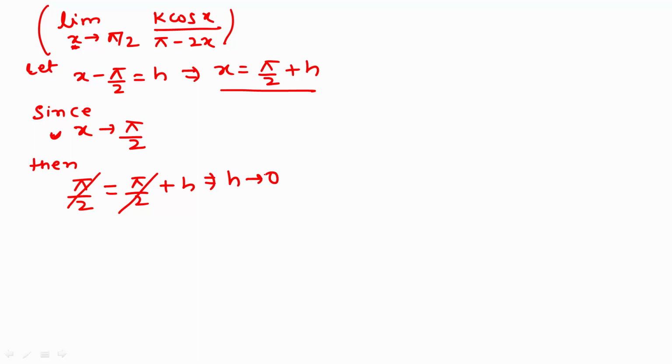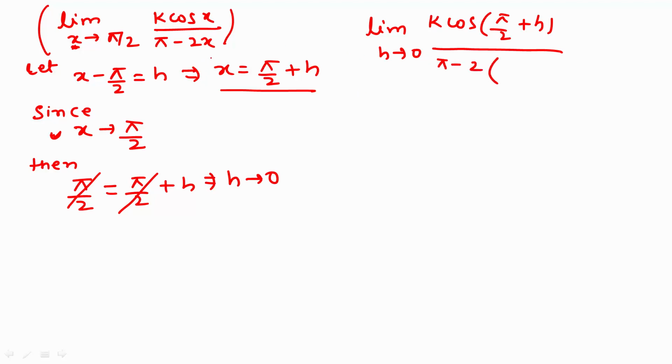So now our limit is changing. Limit h tends to 0 of k cos, and the value of x is pi by 2 plus h, upon pi minus 2, and the value of x again pi by 2 plus h.